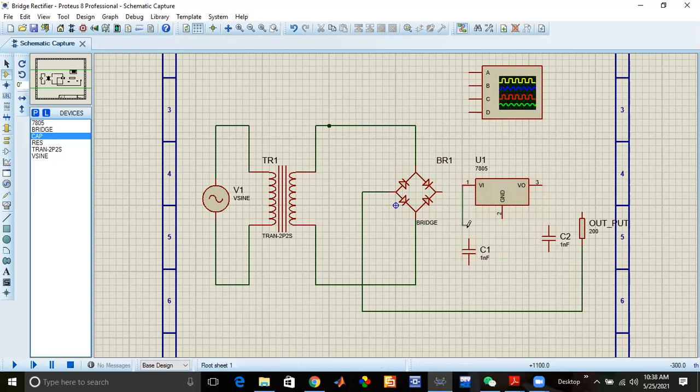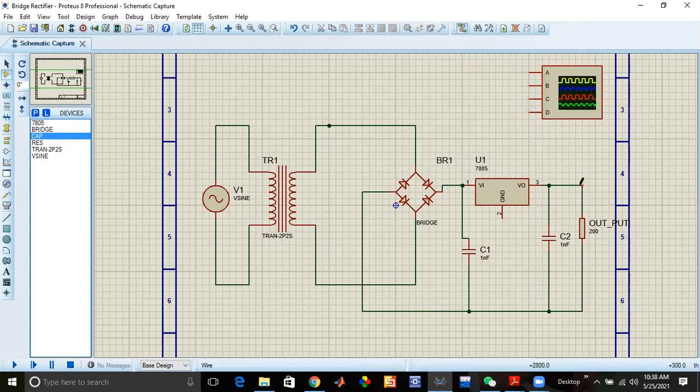So if we connect, let's see without ground that what they do, but we will use the ground here.